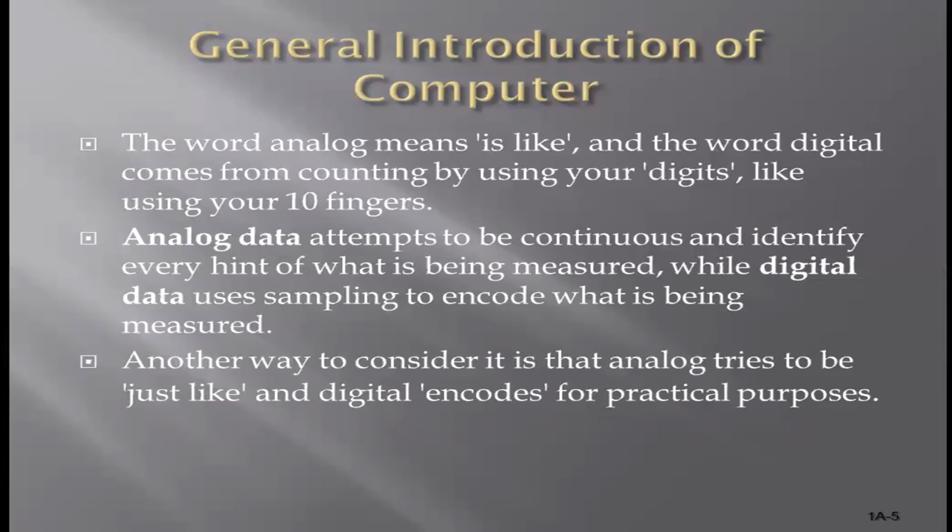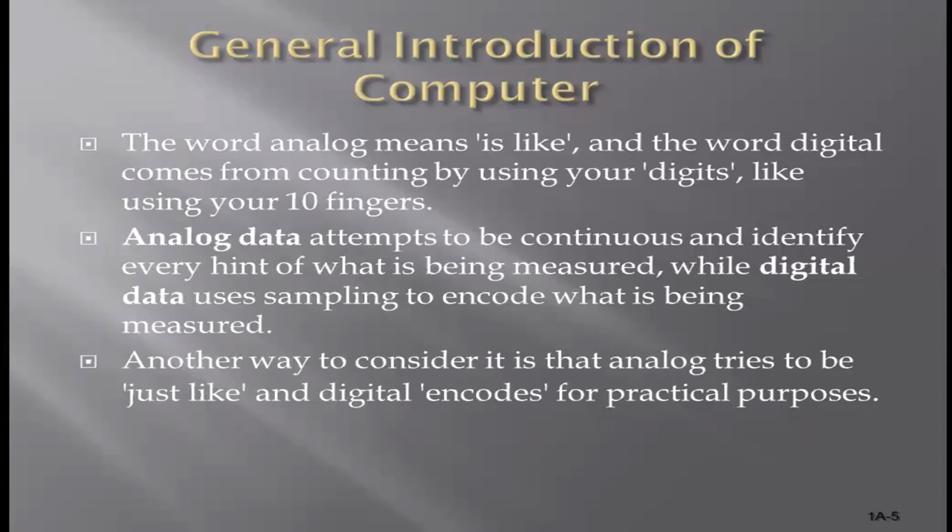A calculator is a digital device. The speed meter of a car is an analog meter. Analog data attempts to be continuous and to identify every hint of what is being measured. Analog data is continuous in its nature. For example, temperature goes up suddenly, or gradually increases, or gradually decreases.